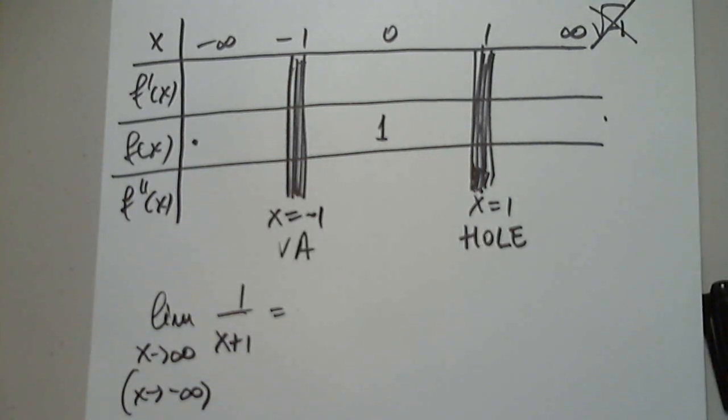So what does 1 over x plus 1 do when x approaches infinity?